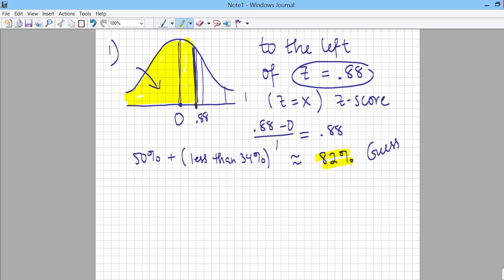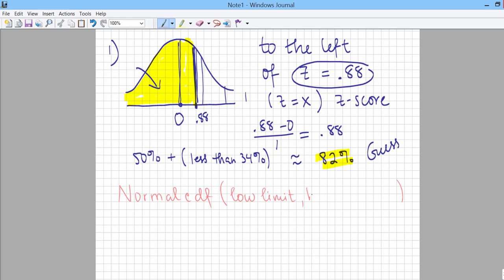The command that we're going to use to compute this is normalcdf, and there's a syntax that goes with this command. We have to tell the calculator our lower limit: how far to the left am I going to go?